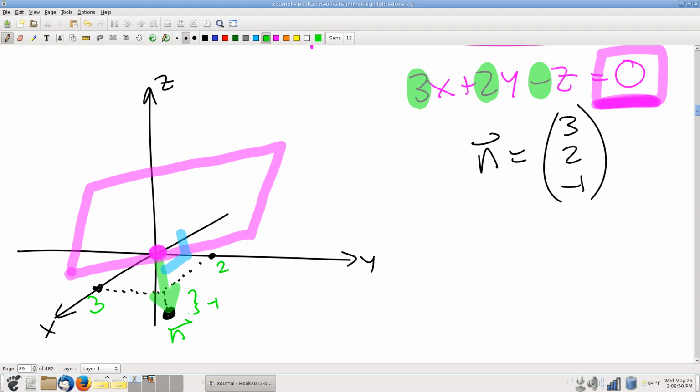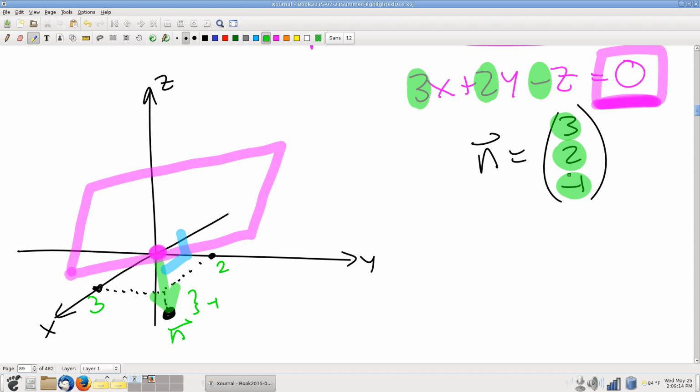My question is also how you got from the 3 on the X coordinate and then the 2 on the Y. How did you make that specific dotted line? How did you know to make that? Oh, well, the coordinates of this n vector are 3, 2, -1, right?